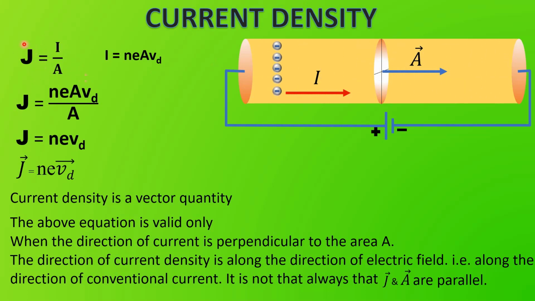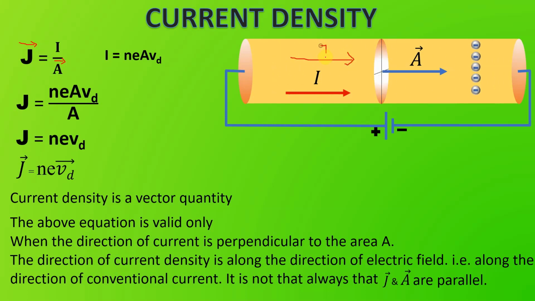Being a vector quantity, J is definitely a vector quantity and A is a vector quantity. So what is the direction of A? If you are asking the direction of current density, in this case the direction of current density is along the direction of current.